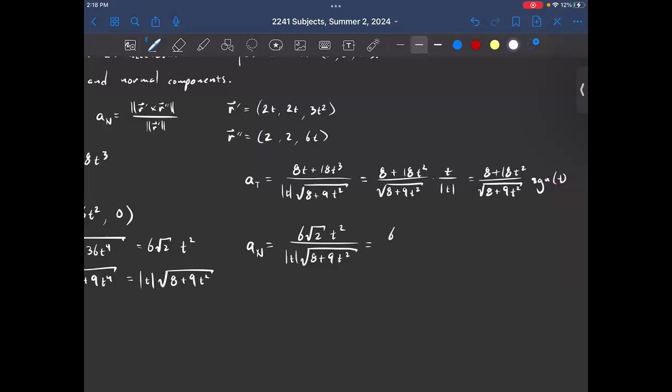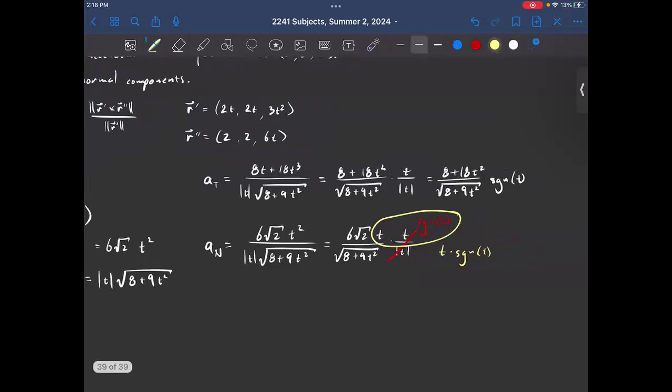So let's say we have 6 root 2, one factor of t over 8 plus 9t squared times t over absolute value of t. Just like before, this is the sign of t, but now we have t times the sign of t. So if t is negative, then I multiply by a -1, and if t is positive, I multiply by a +1. So this is exactly equal to absolute value of t.